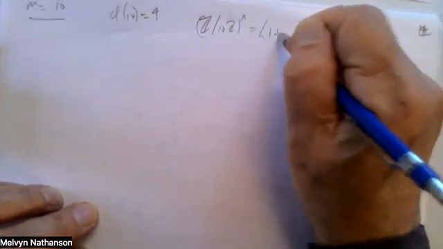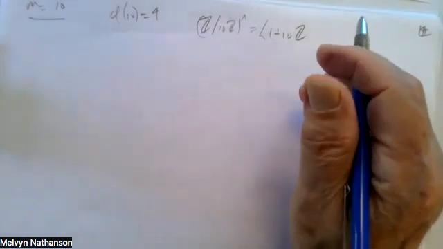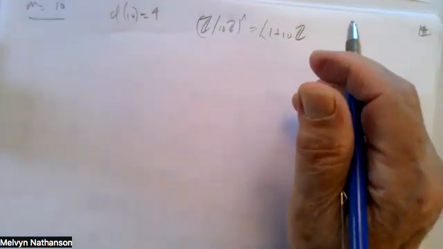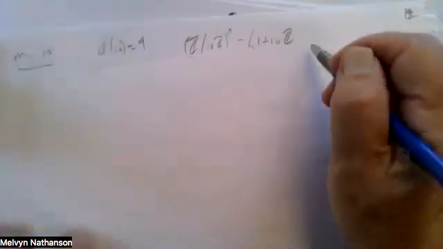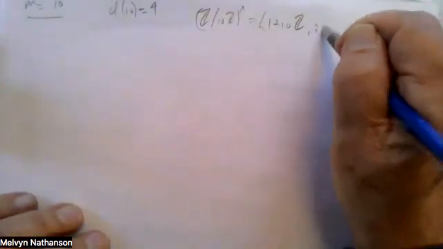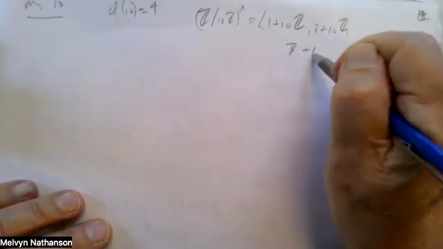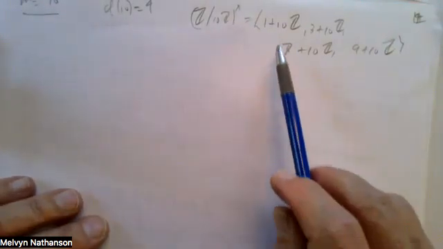Z mod 10Z star consists of the congruence classes 1 plus 10Z, 3 plus 10Z, 7 plus 10Z, and 9 plus 10Z. There are 4 numbers between 1 and 10 that are relatively prime to 10.